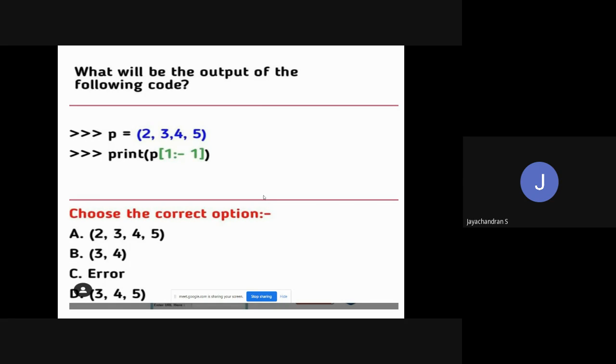Anyone can try, just try whether it is correct or wrong, no issues. Just try whether you know the concepts or not. I'm just asking, this is basic only. I already told this line, print p[1:-1].